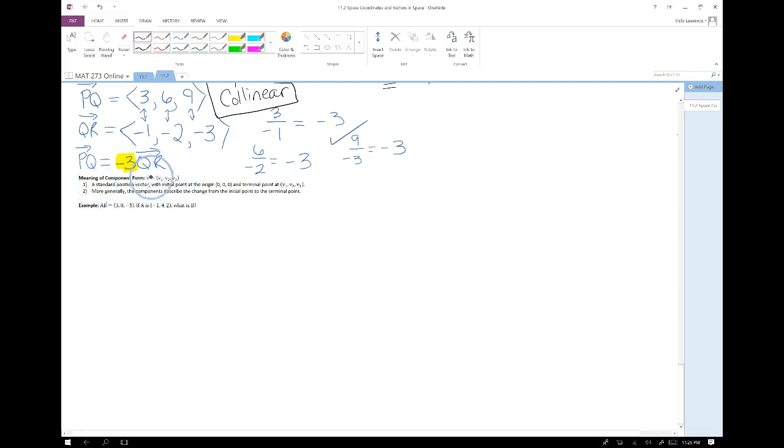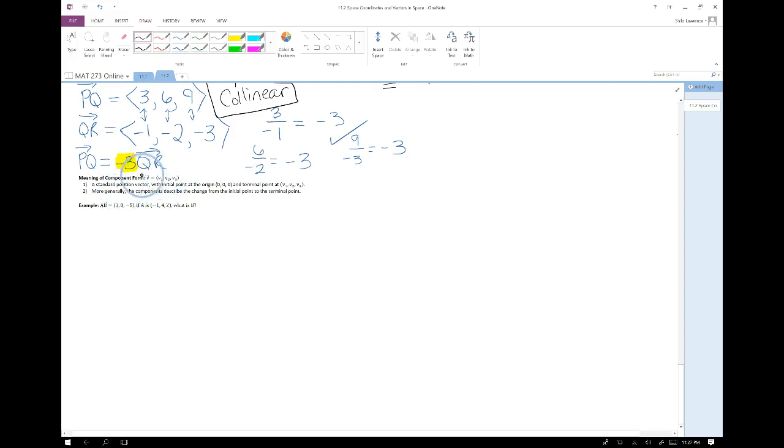One way we can interpret this is that we have a standard position vector, which means it's got initial point at the origin 0, 0, 0, and a terminal point at V1, V2, V3. So geometrically, graphically, that's how we can visualize this vector.